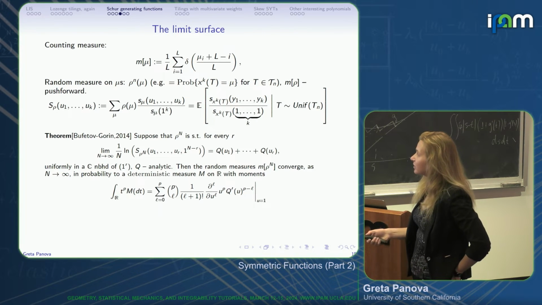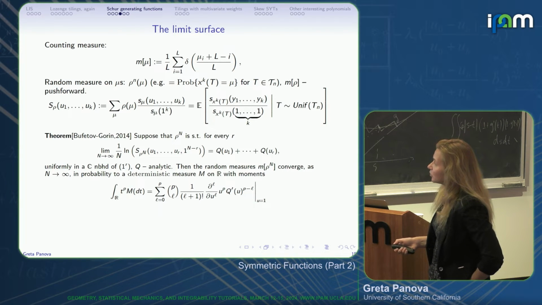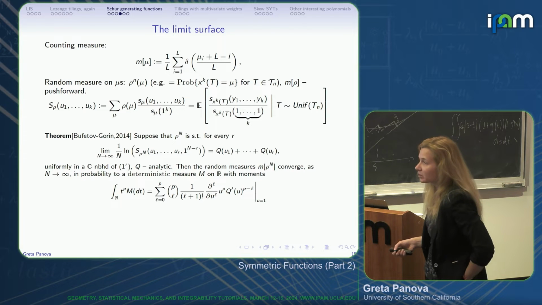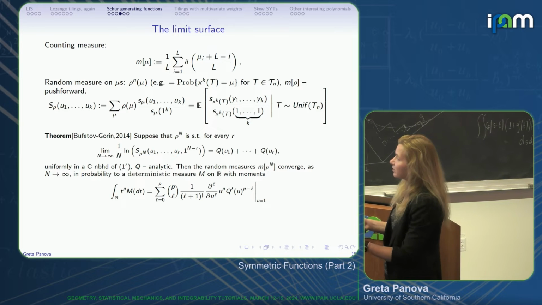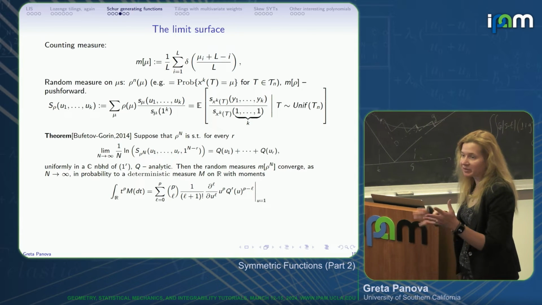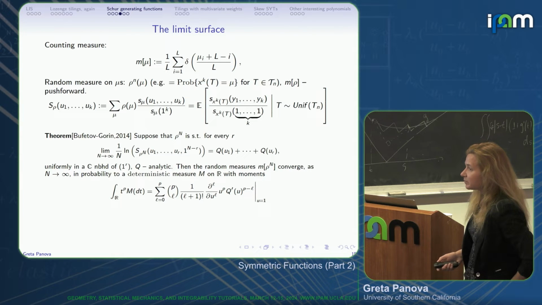The discrete measure, you can show that it converges thanks to this Schur generating function. Part of the reason this works is that this is symmetric, actually. So somehow even if you know it at k variables, you know it at any k variables in some sense. So this is giving you a lot more information.